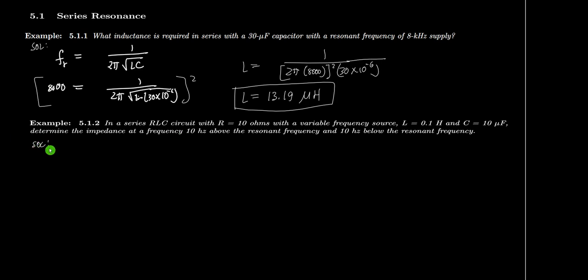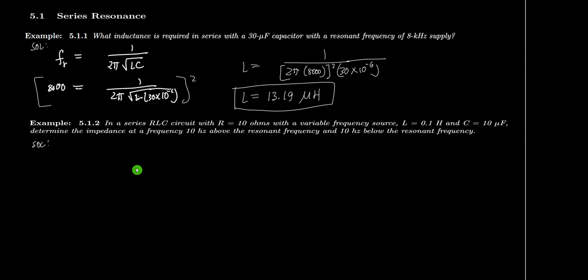Next, a series RLC circuit. In a series RLC circuit with R equals 10 ohms, with a variable frequency source, and L equals 0.1 Henry and C equals 10 microfarad, determine the impedance at a frequency 10 hertz above the resonant frequency and 10 hertz below the resonant frequency.